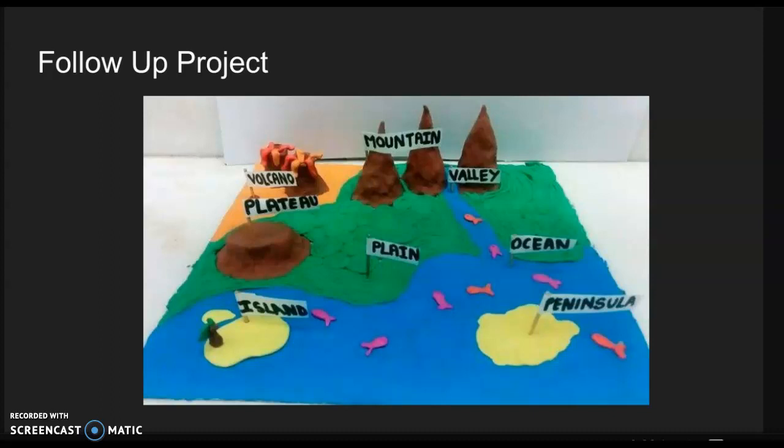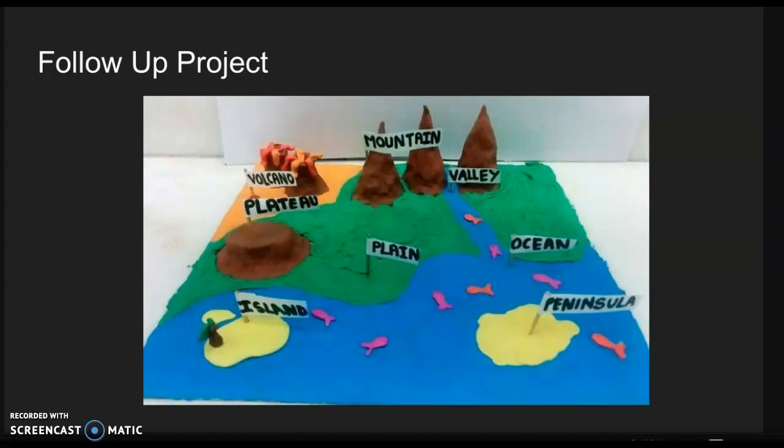So I thought that presenting students with a project or assignment where they had to create their own world with their own kind of spin or personalization on it would be something that could be fun and exciting for them. So for example, if I was going to do one, I really like food, so I would make a goldfish ocean and sandwich plain and things like that.